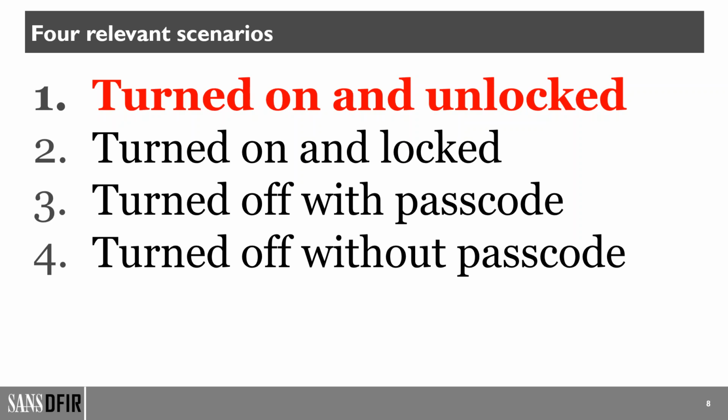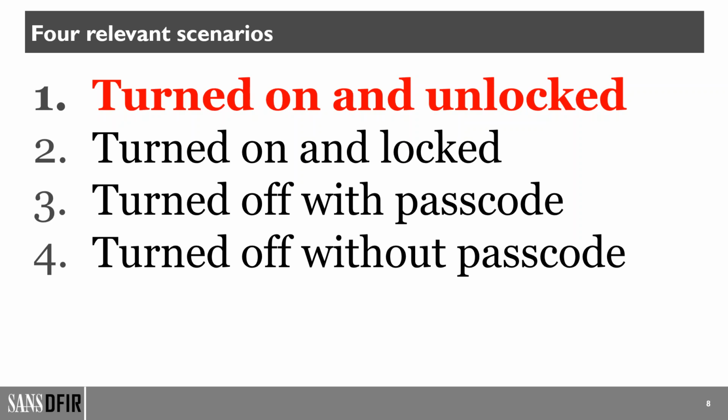You don't know if there is a passcode, because at that time it is unlocked, so you have to deal with this scenario really carefully. I would say that it is quite rare, also in the real world, to find a turned on and unlocked device, but that is the scenario you have to consider, especially if you are working in law enforcement and you have to deal with real cases, I mean, on the field.